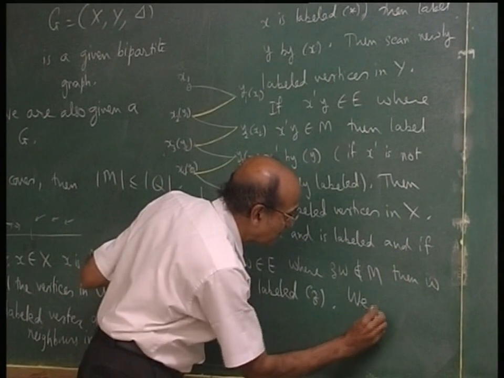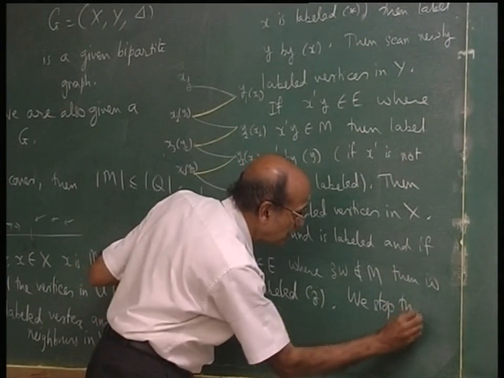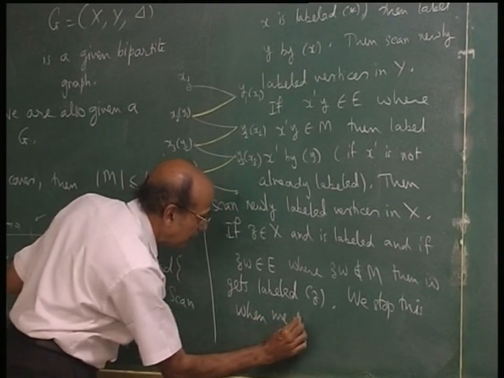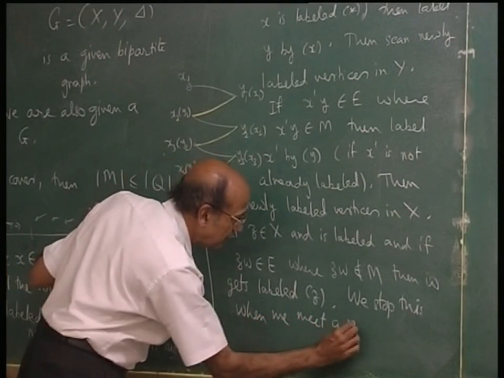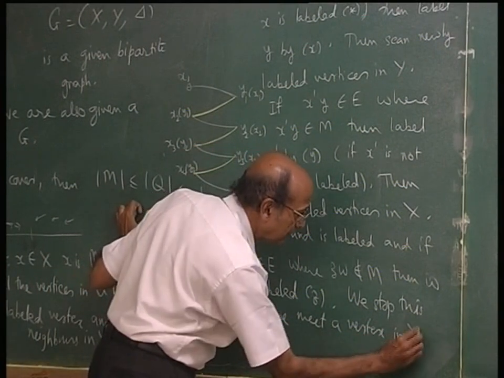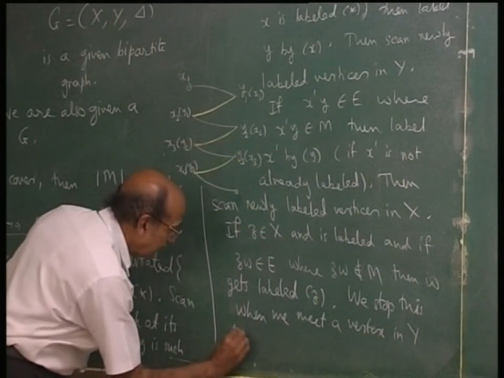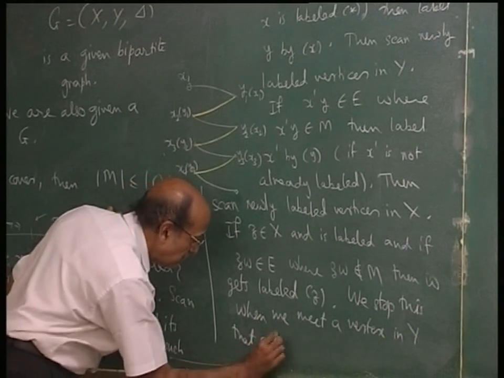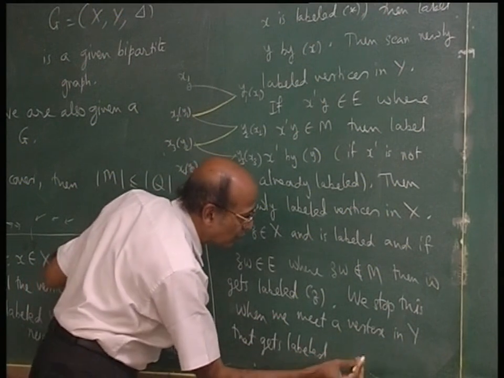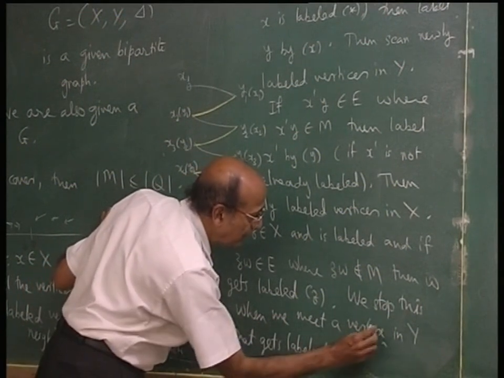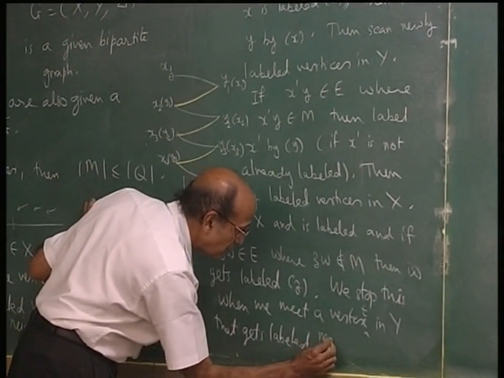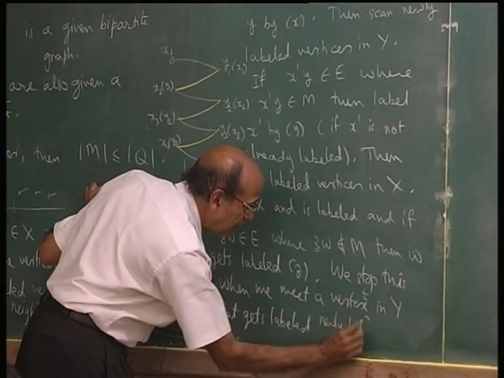The moment we meet a vertex in Y that gets newly labeled, let's call it T, but T is unsaturated.